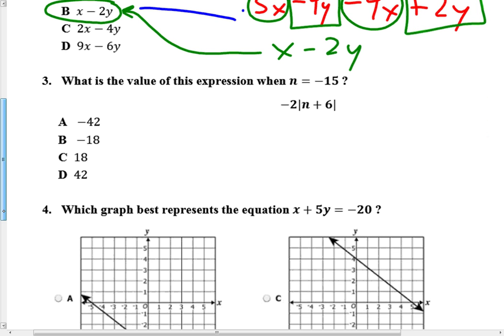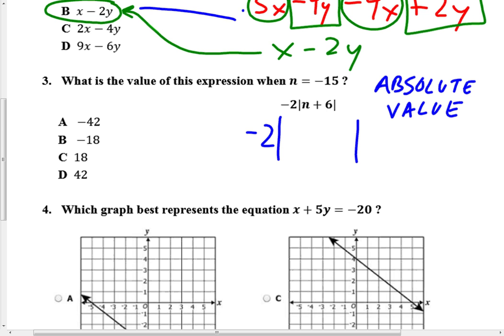What's the big idea in number 3? What do these bars mean? Absolute value. Write that down. For each of these, we're writing down a main idea. What does that mean? That means I have to do some substitution. I'm putting negative 15 in for that n.